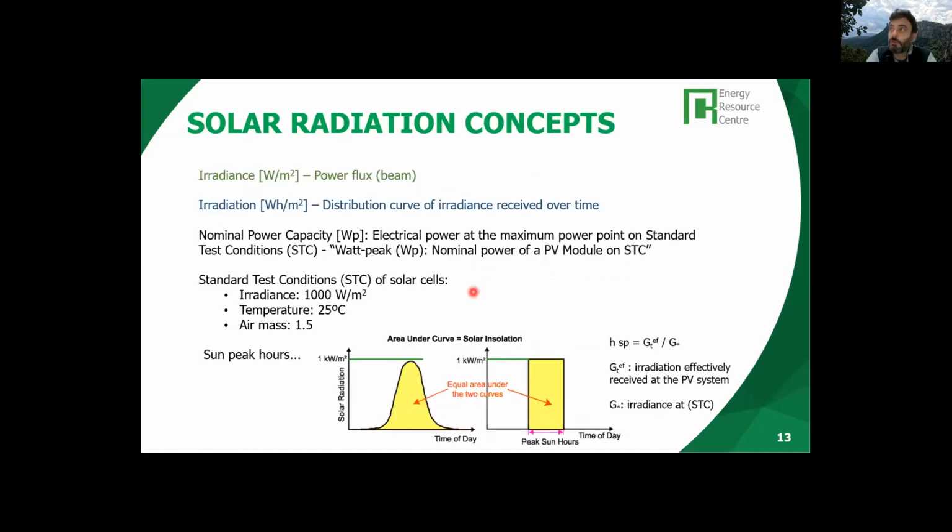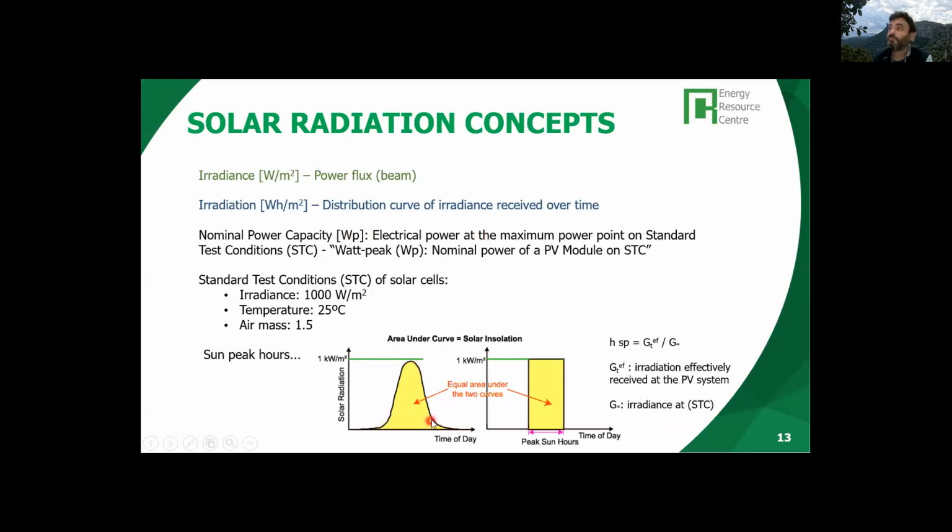Remember, what pyranometers will be measuring for us is the irradiance in watts per square meter. That is a power flux, the intensity, let's say, of the solar radiation. When we measure irradiance over a certain period of time, typically a day, that's when we can calculate the irradiation, which is the distribution curve of irradiance.